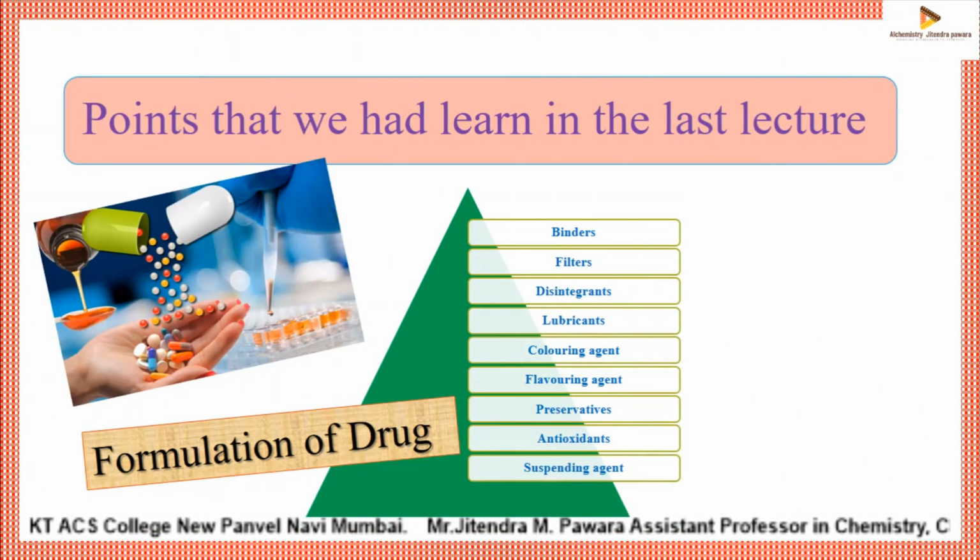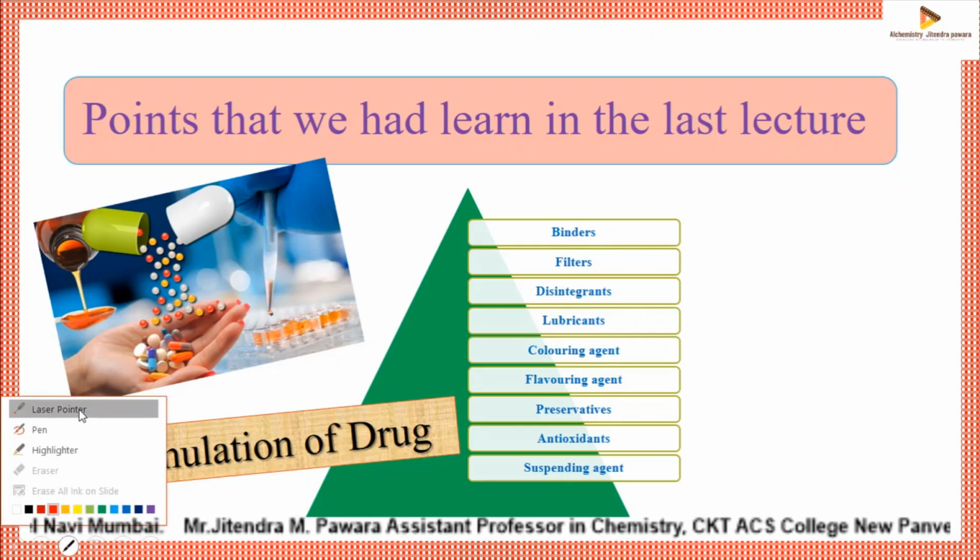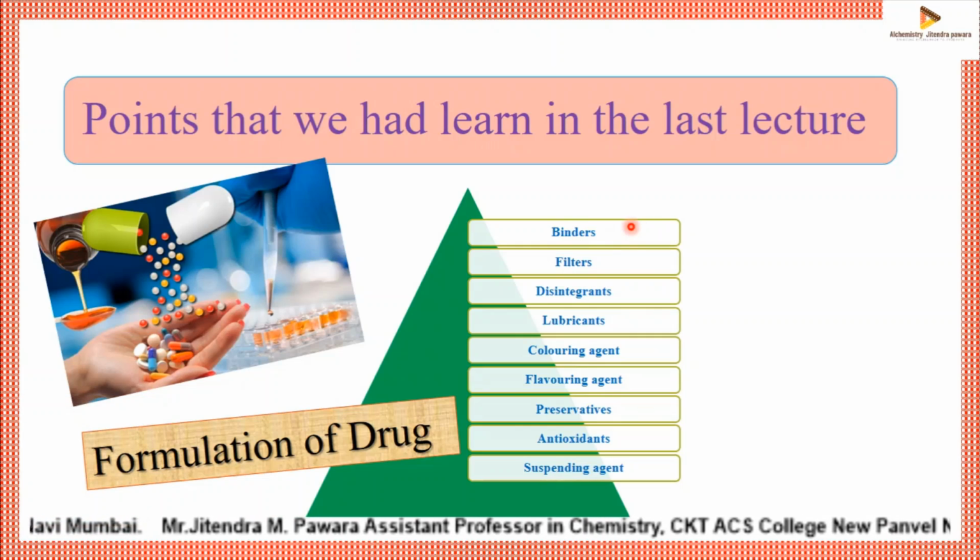These are the points that we had learned in the last lecture, that is formulation of drugs. In that we learned the different formulation components used for the preparation of a complete drug. The first one is binders.